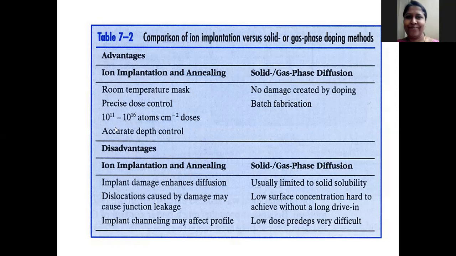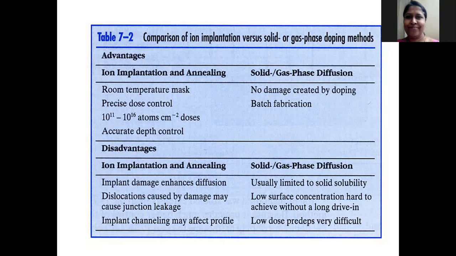The dosage control can be done in terms of number of atoms per centimeter square, so that you get accurate depth control. In diffusion, we may not be able to precisely control the concentration of impurities in the substrate, and there may be variations.